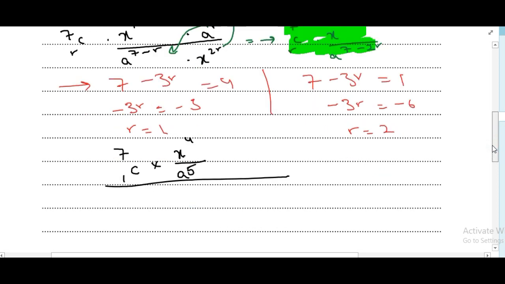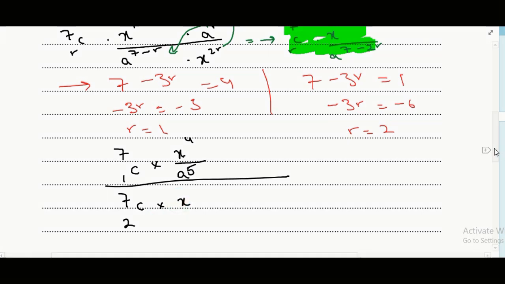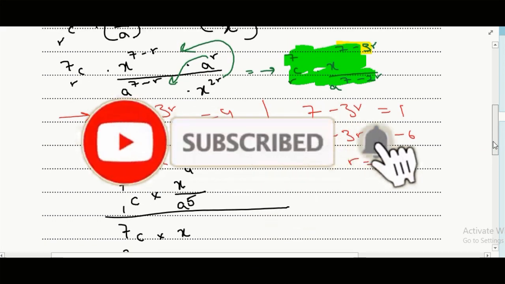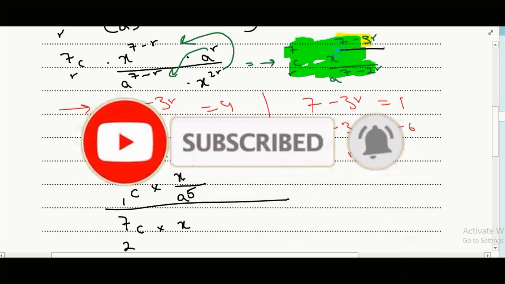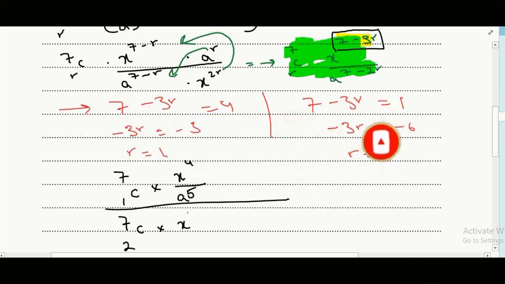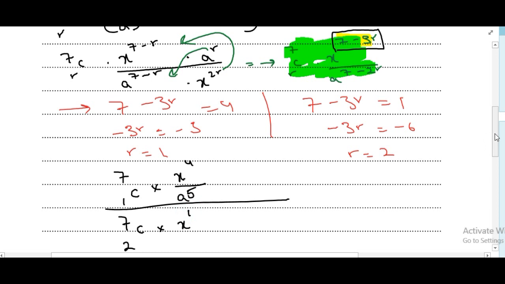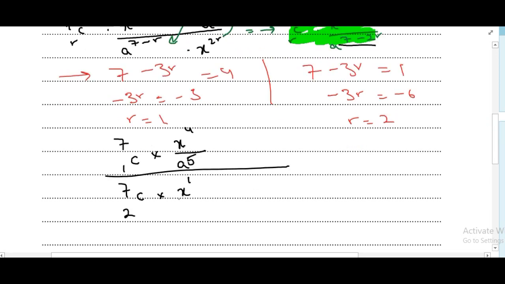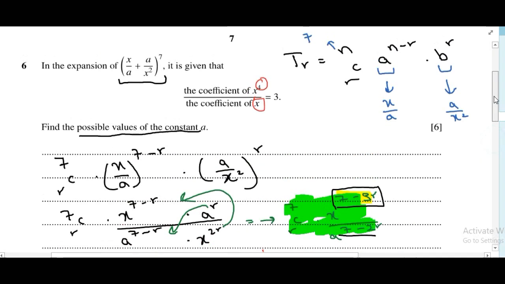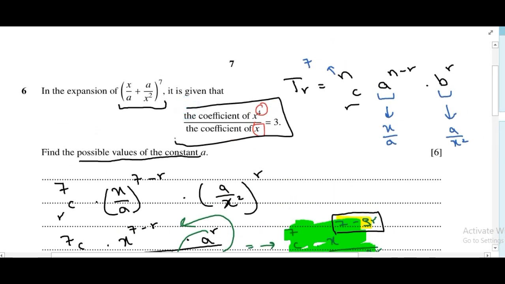Now we put r as 2, so 7C2 multiplied by x¹. Why 1? 3 times 2 is 6, 7 minus 6 is 1. Then 7 minus 4 is 3, divided by a³. And this as a whole equals 3. This was the problem statement over here.